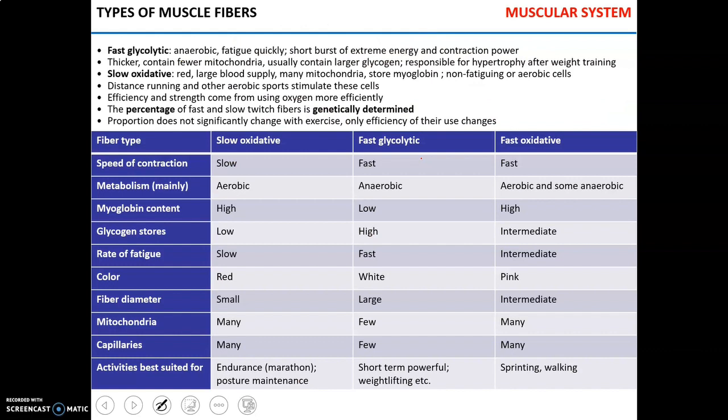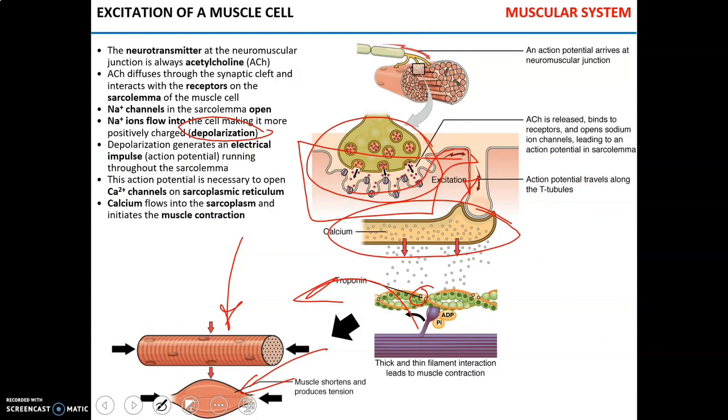Now, each muscle, when it contracts, has three periods of contraction. The three periods are lag period, contraction period, and relaxation period. And if we go back here, we can appreciate that this part right here, the release of neurotransmitter, travel of the excitation wave along the sarcolemma, and release of calcium, will all happen during the lag phase.